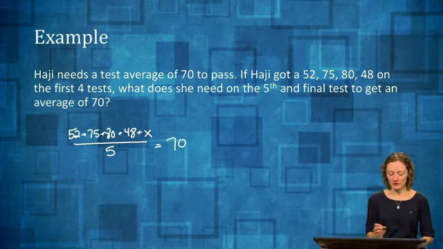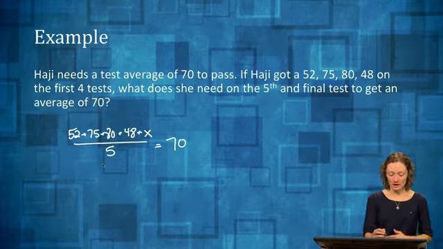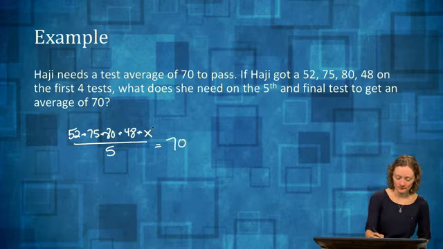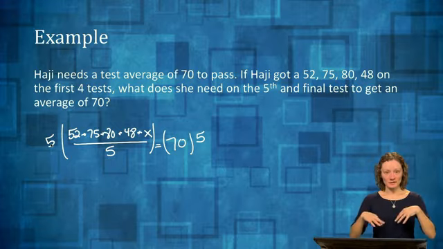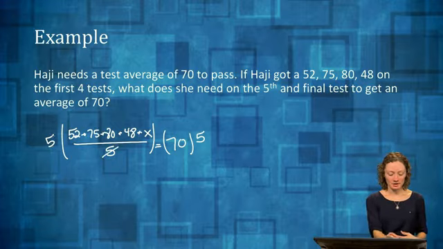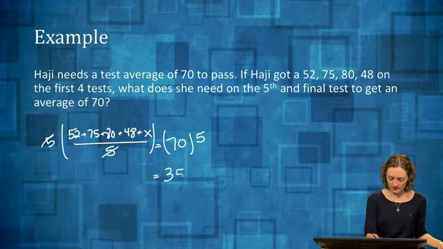It's your call what you do first. If you feel more comfortable adding these numbers up, that's fine. If you'd rather get rid of the fraction right away, also totally fine. I'm going to go ahead and get rid of the fraction. I'll probably do both of them. If we multiply both sides by 5, that undoes this division of 5. On the right, we have 70 times 5, 350.